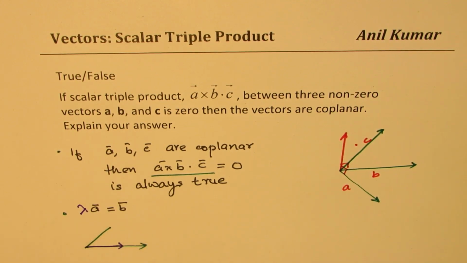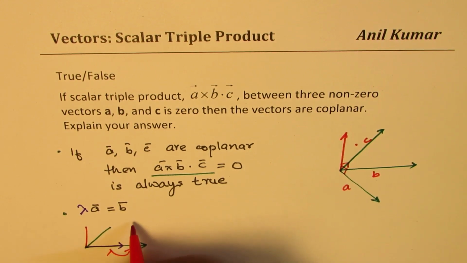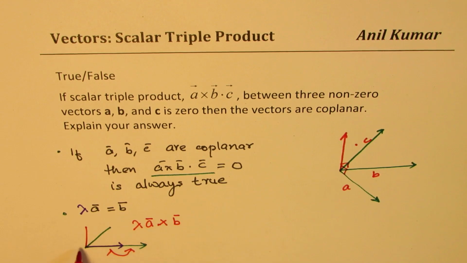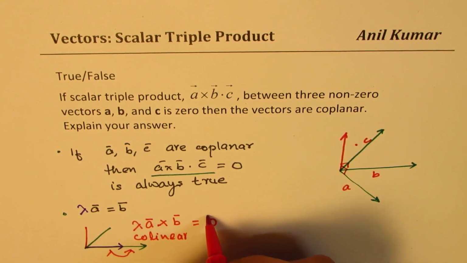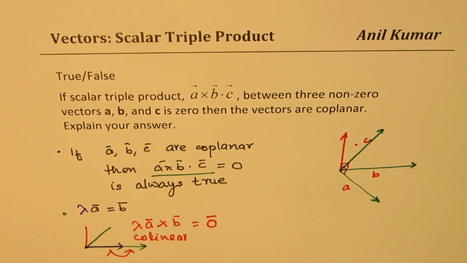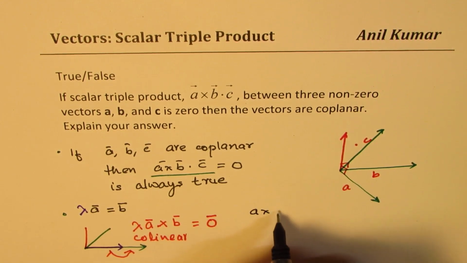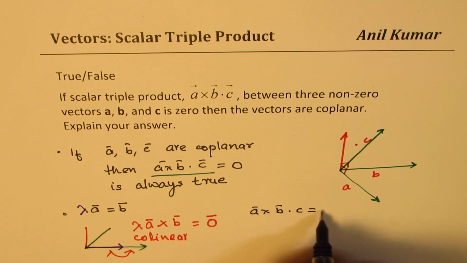Now, if I do the cross product of the vector A with B, and if they are collinear, that is going to be 0 vector also, and therefore the dot product will be 0. So in this case also we are going to have A cross B dot C equals 0.